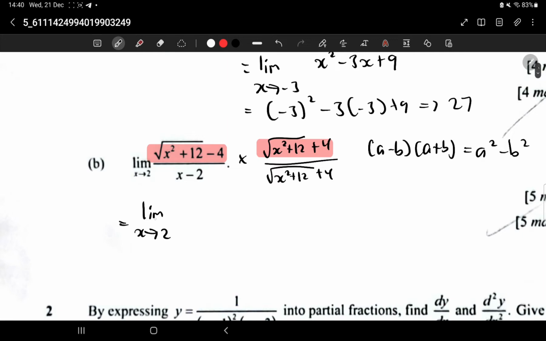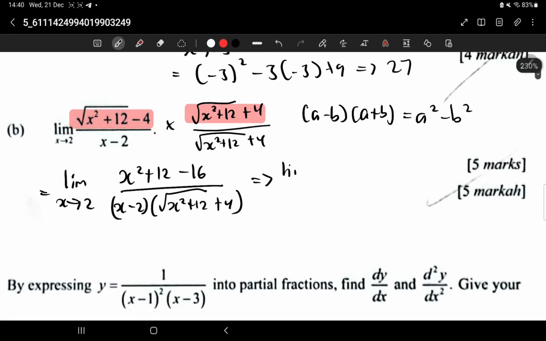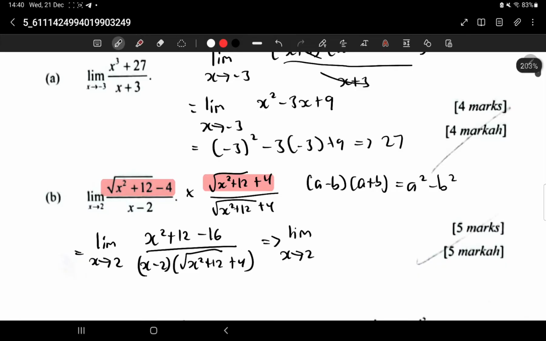From here, we will get x squared plus 12 minus 16, divided by x minus 2 times square root of x squared plus 12 plus 4. By the way, this is not my official working.